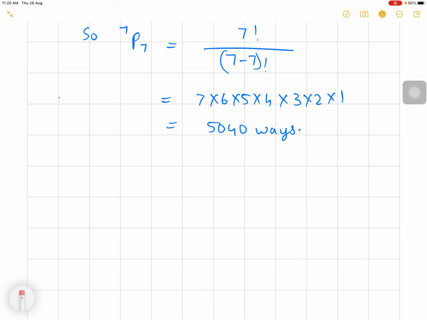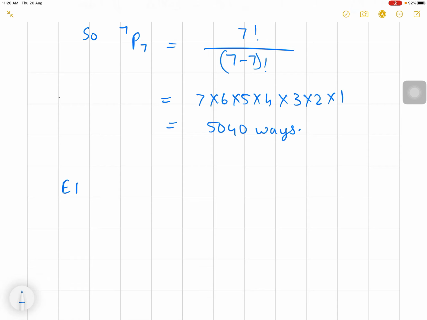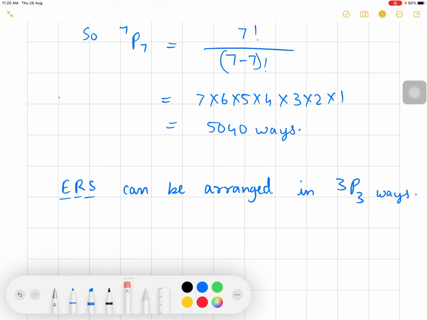So ERS can be arranged in 3P3 ways, because now there are 3 letters and 3 places.